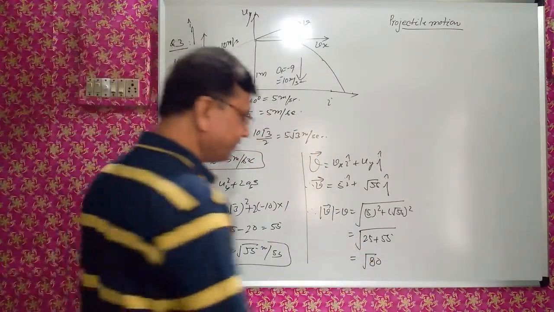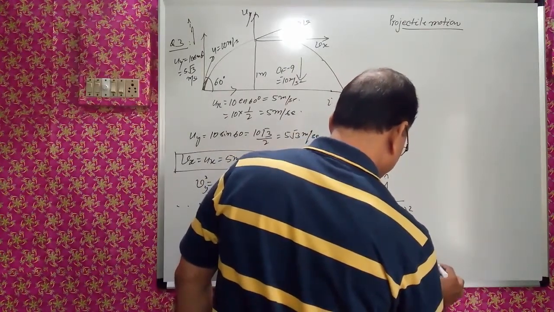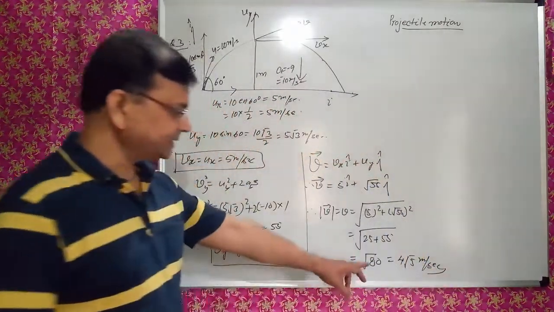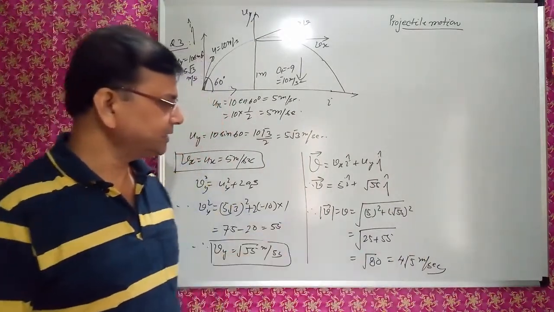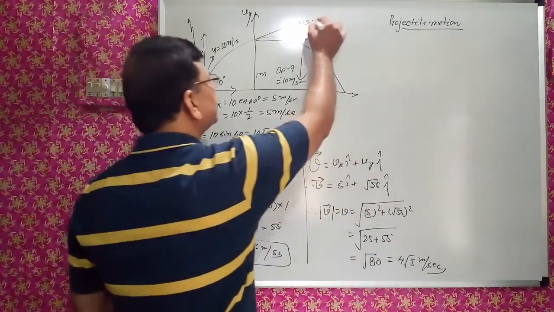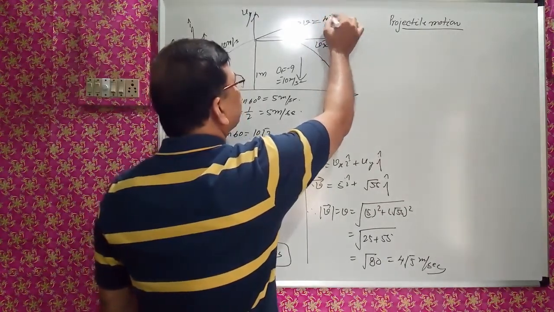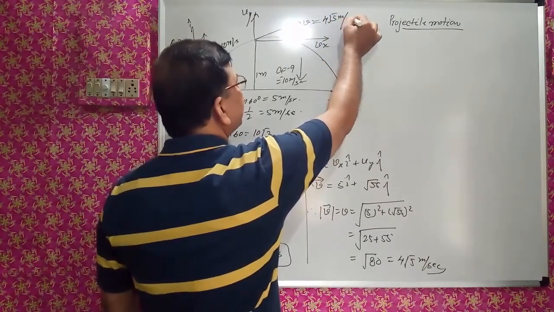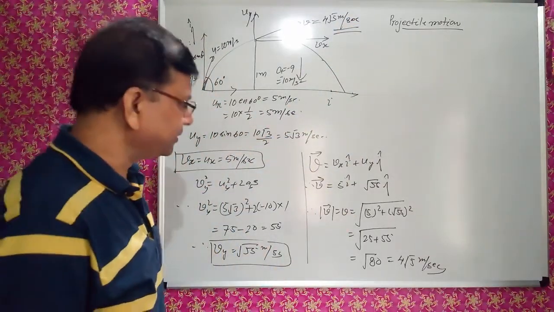So this is the magnitude of velocity, that is 4 under root 5 meters per second, that is 16 into 5, as 16 means we can take 4 out. So velocity is 4 under root 5 meters per second. That is the velocity at the height of 1 meter.